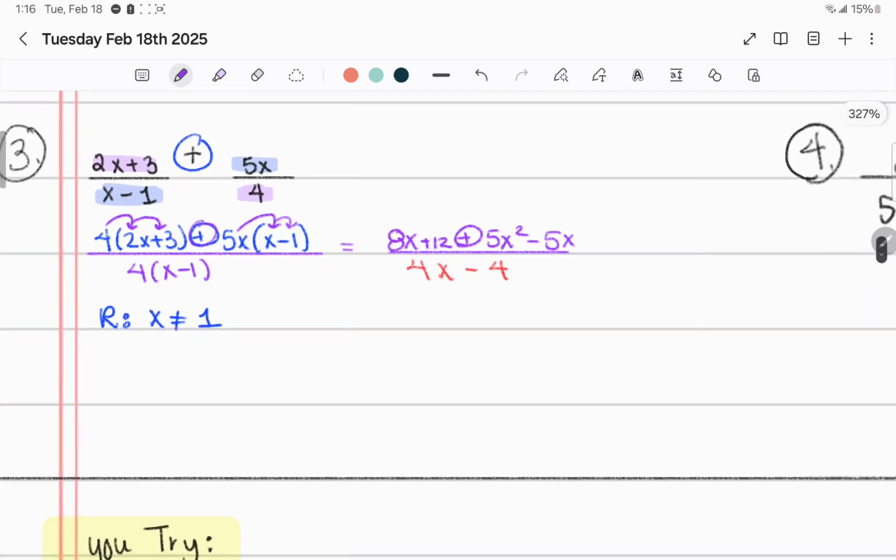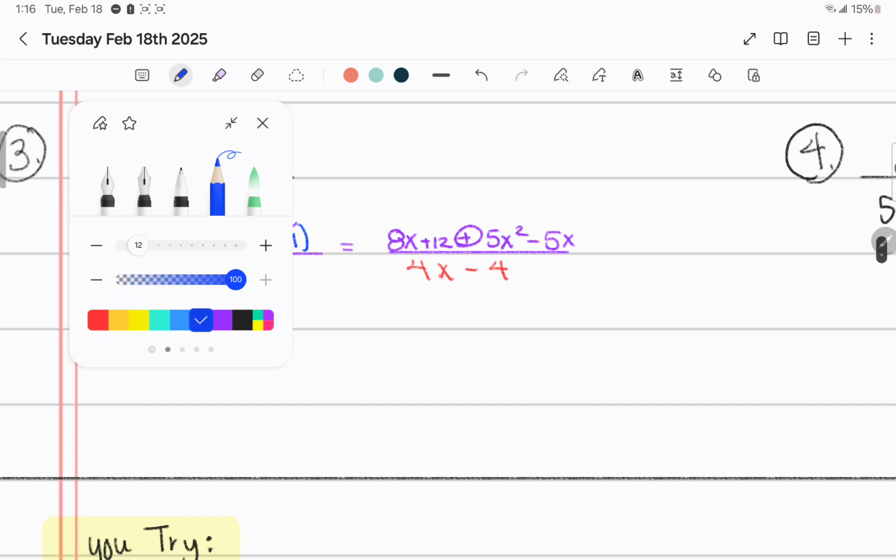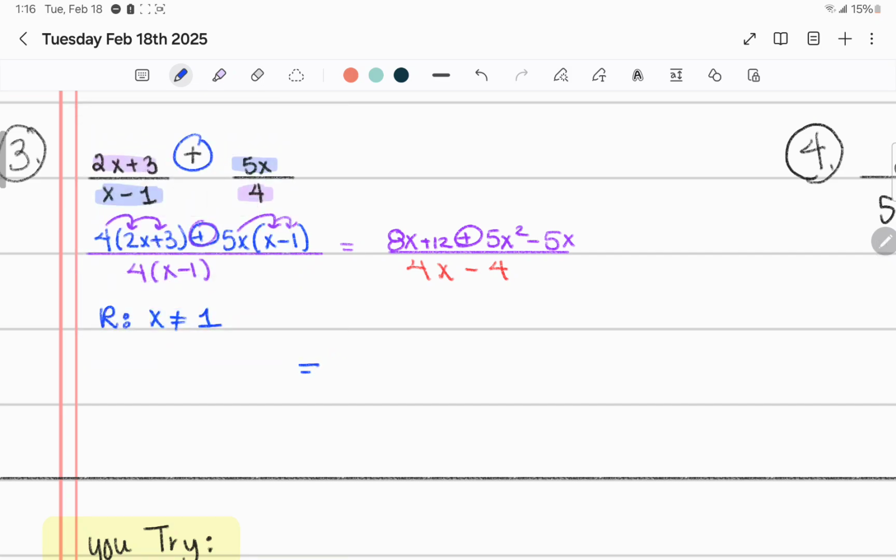Okay, last step is to combine your like terms. So our bottom is the same. Our like terms here, we don't have anything else with x squared, so we can go ahead and write that first. And then we have 8x that can combine with 5x. So here we have 8x, and then we have minus, if you guys see the sign there is minus 5x.